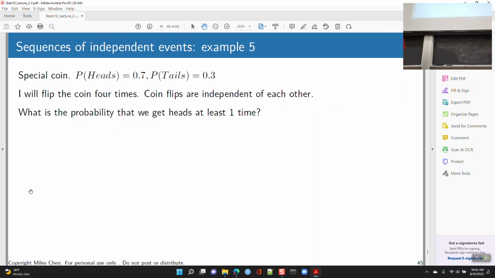This one's a little bit tricky. What is the probability that we get heads at least one time out of 4 flips? At least one head out of 4 flips.